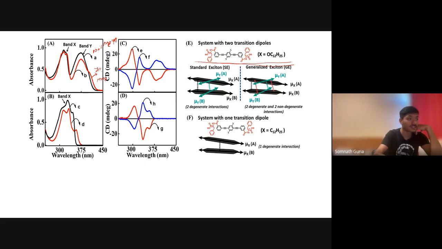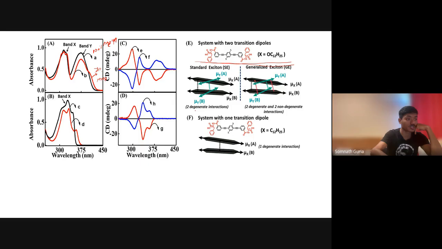One helical structure gives this red color CD activity, and the other one is another isomer, the enantiomer of that helical structure.